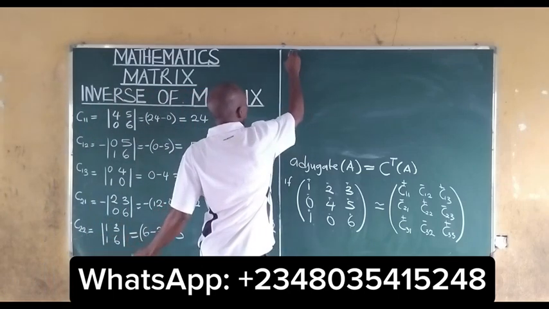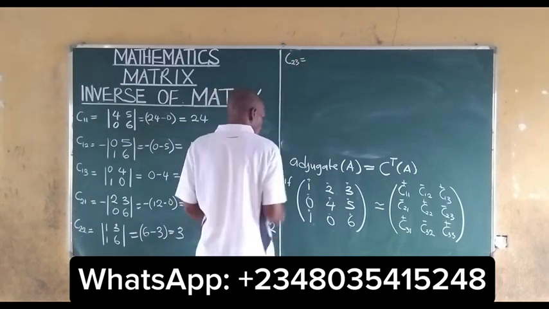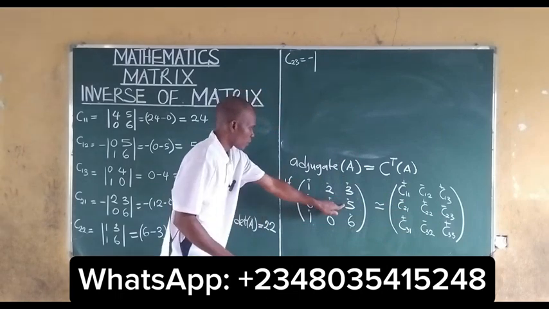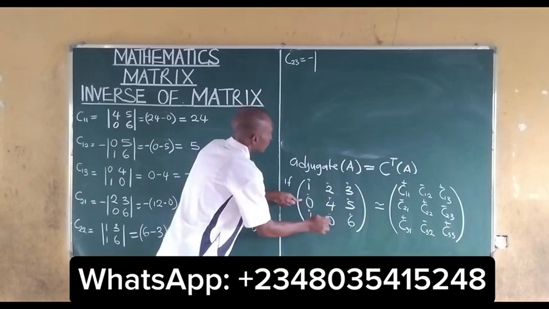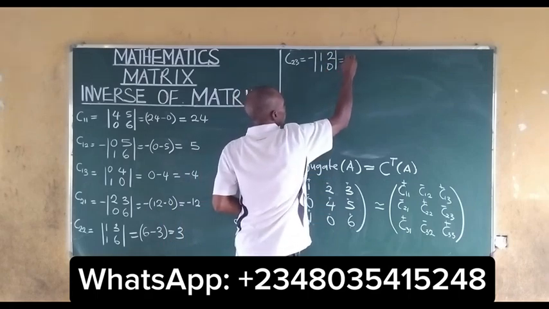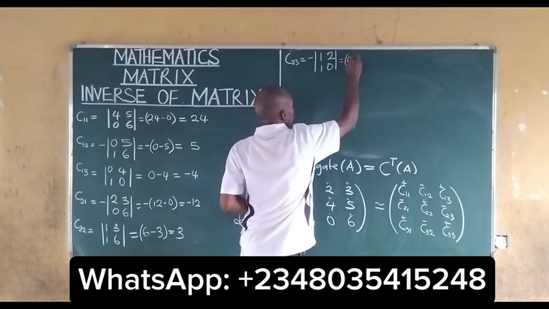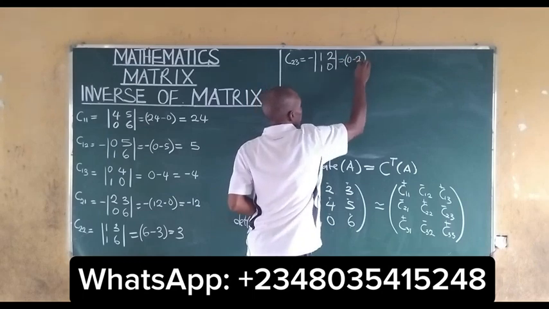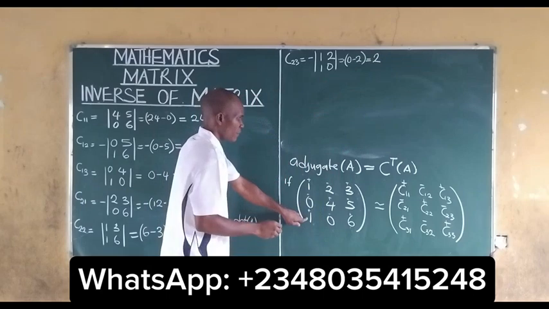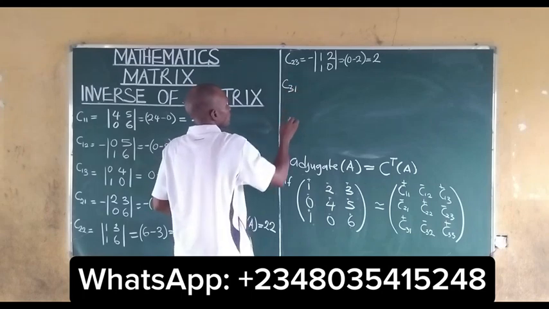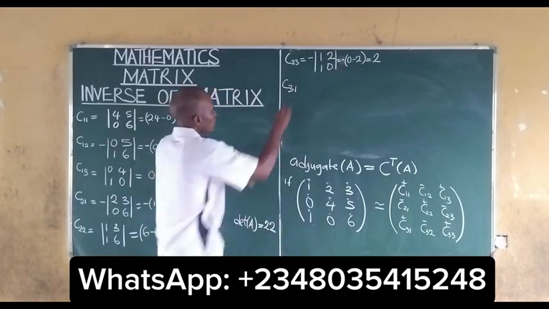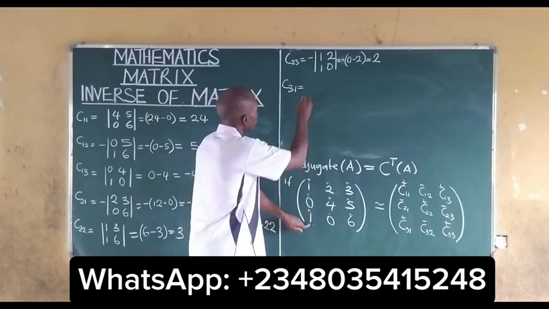C23 has a negative sign. The whole of this row and column will go, we have 1 2 1 0, which is equal to negative of 0 minus 2, which is equal to 2. We now have C31, which is positive.